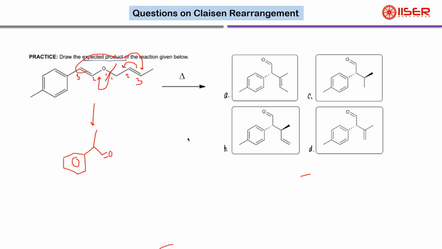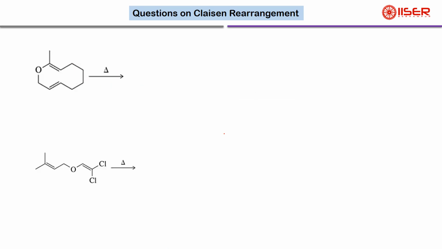There is a new bond, along that place there is a methyl group, and like this will be our product. So the correct option is option B. Okay. Let's go to the next question.